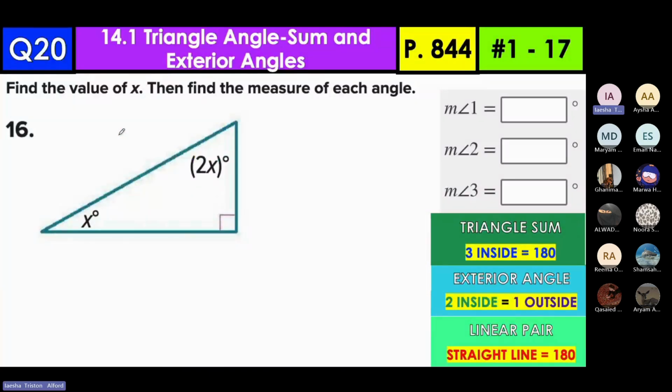We need to find x. Which rule can you use? Triangle sum. So x plus 2x plus 90 equal 180. x plus 2x, 3x.